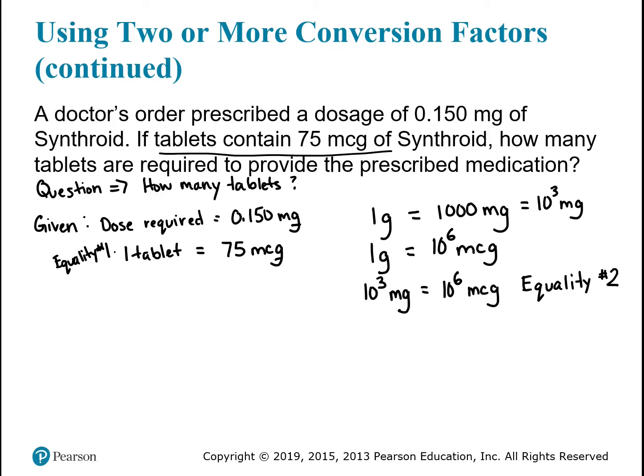So here's what we do. We've got to set up an equation that takes us from our dosage in milligrams to the number of micrograms and then the number of tablets.